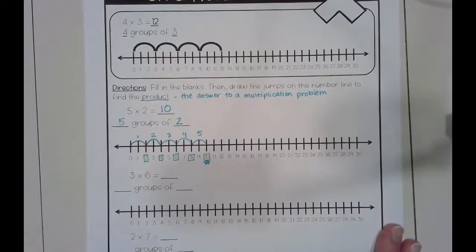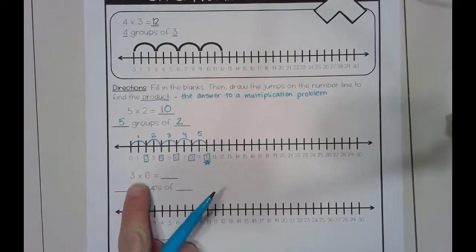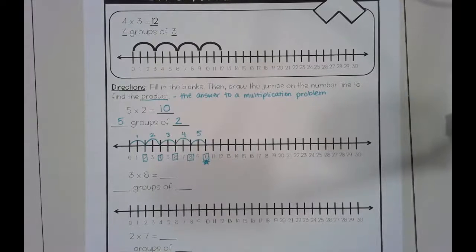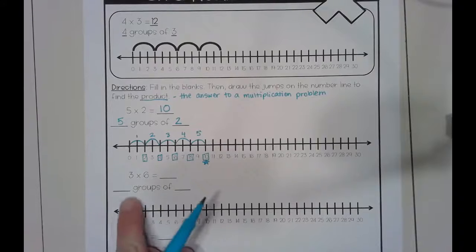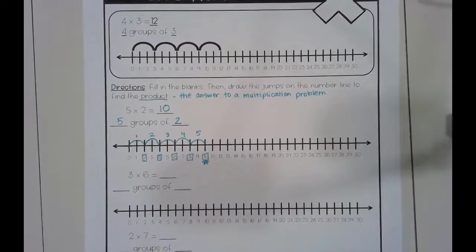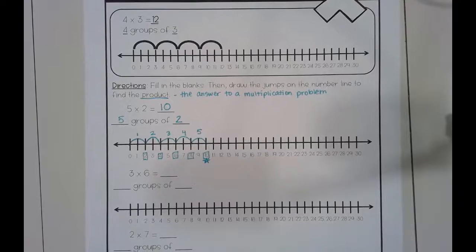Next down here. So 3 times 6. I'm going to give you a minute to fill in what numbers you think go here, and then you're going to see if it matches what I fill in. So how many groups of how many would fit there? Try it on your paper.